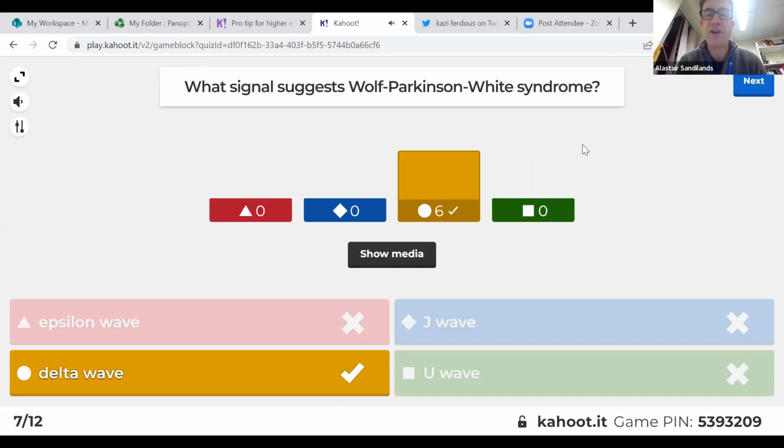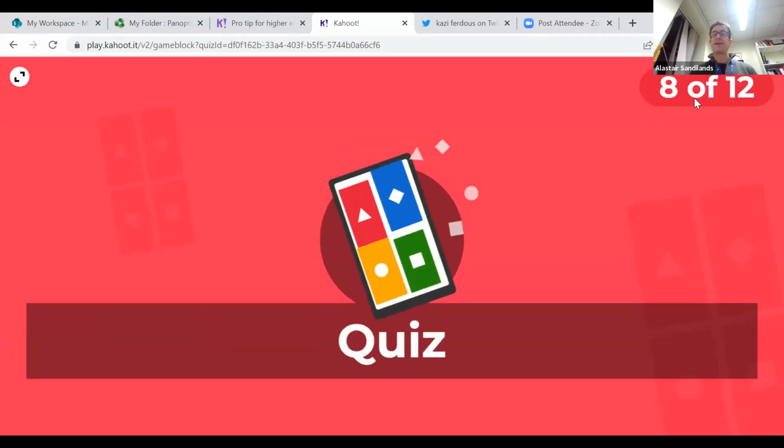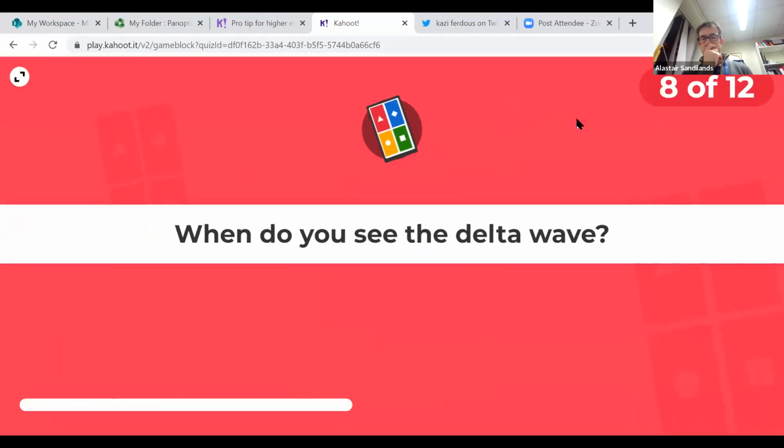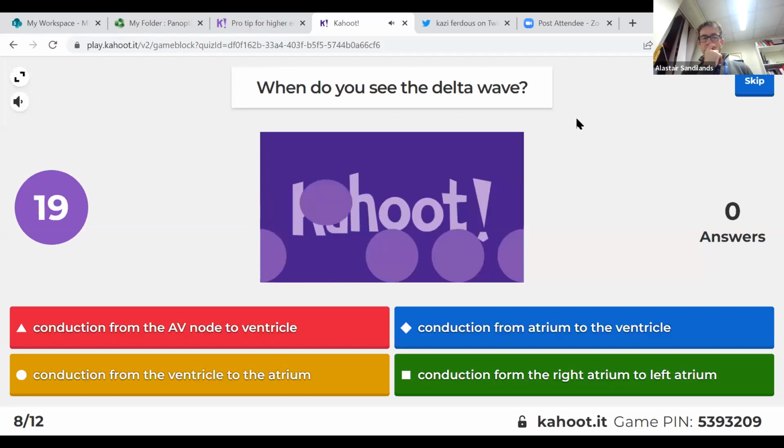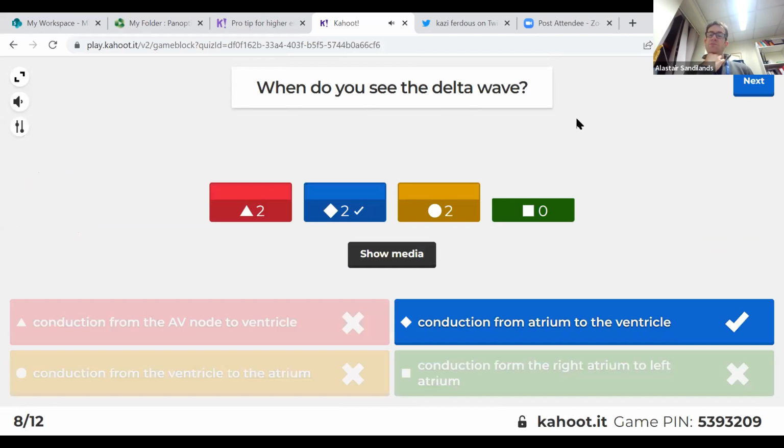The delta wave signifies conduction. So it's conduction from the atrium to the ventricle. From atrium to the ventricle over the pathway, you will see the delta wave. Only conduction from the atrium to the ventricle over the pathway.